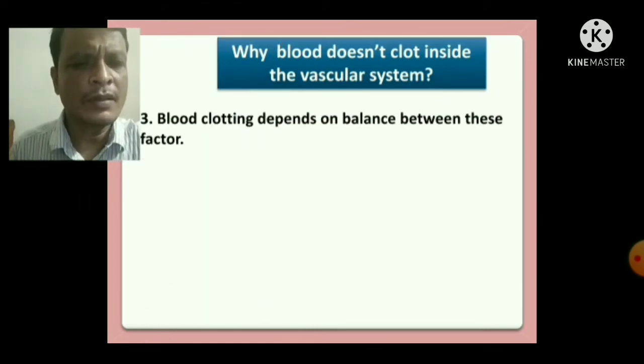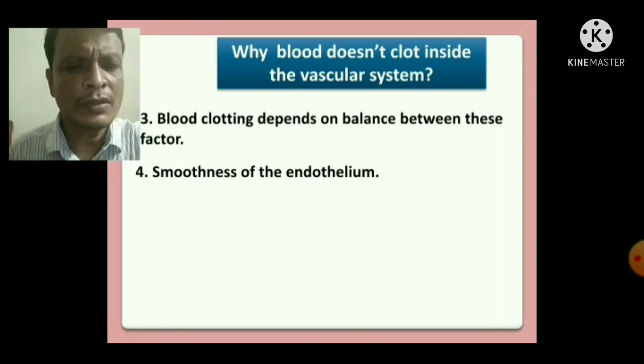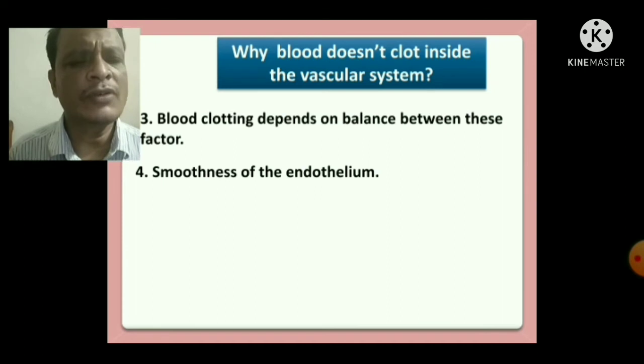Blood clotting depends on the balance between these factors. Normally, the anticoagulant factors act as a dominant role over the recessive procoagulant factors. That's why blood never clots inside the blood vessel.